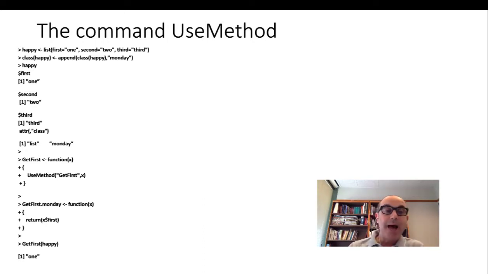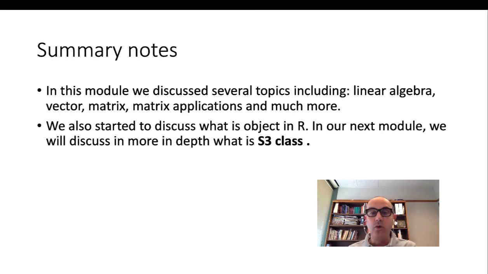And again, I'm going to generate the first function, and I will use methods to get the first, getfirst.Monday function, in order for me to address this, and this is part of the use of the UseMethod function.